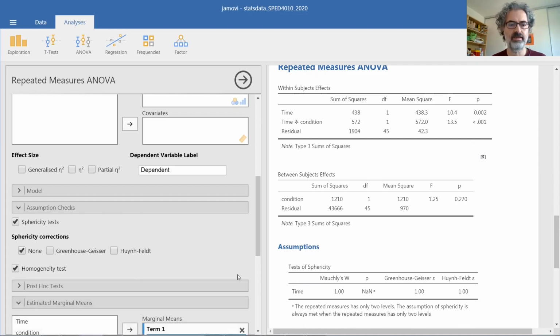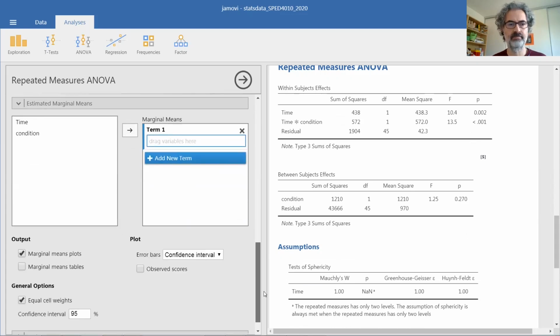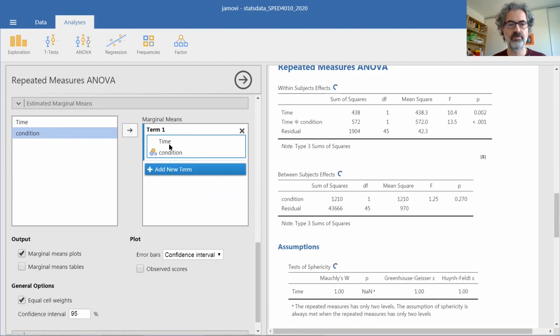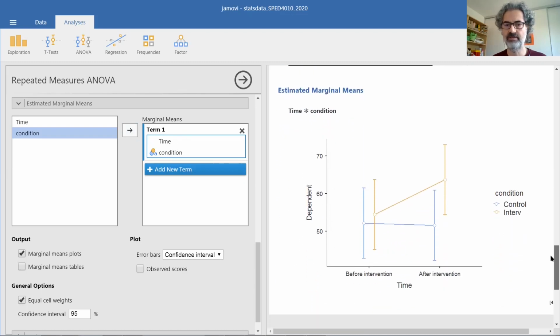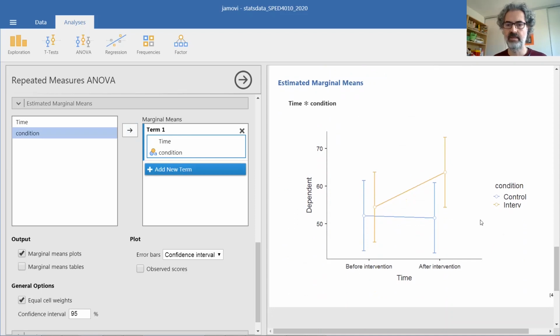Let's see what the effect looks like. We want to see the effect of both independent variables together because we want to see what our results mean. There was a significant interaction. Indeed, here we see that the two lines are not parallel.